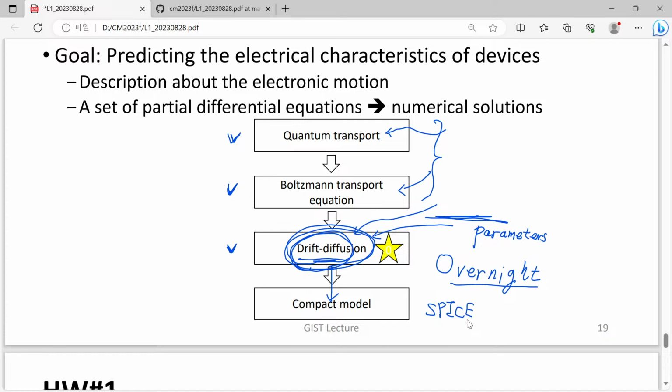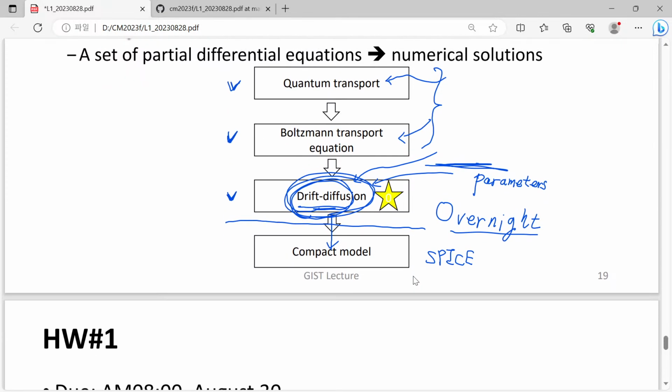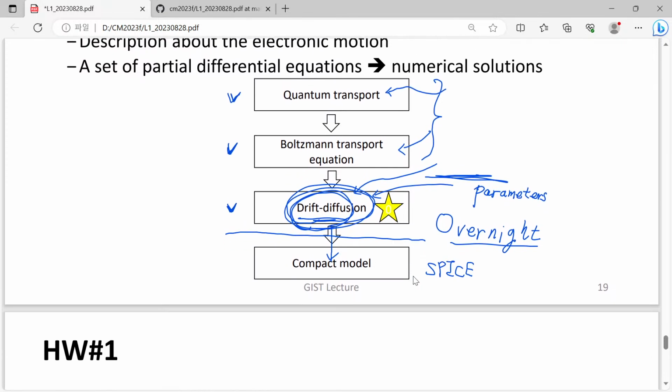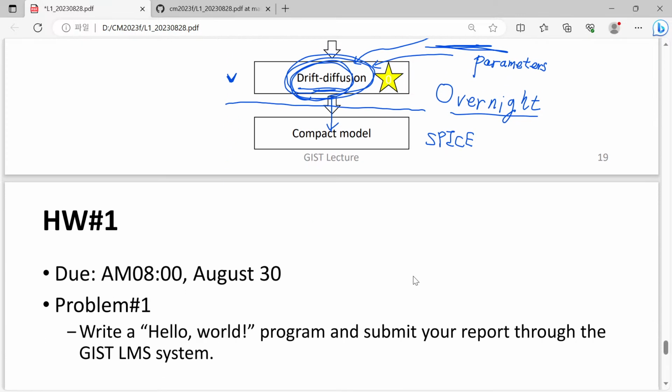However, compact models are a little bit different story, so we will concentrate on this drift diffusion model in this semester. If you are interested, I can recommend many valuable references.